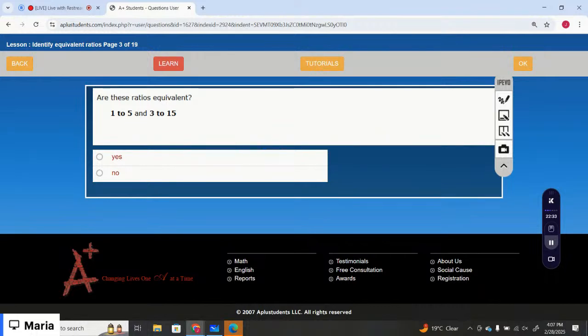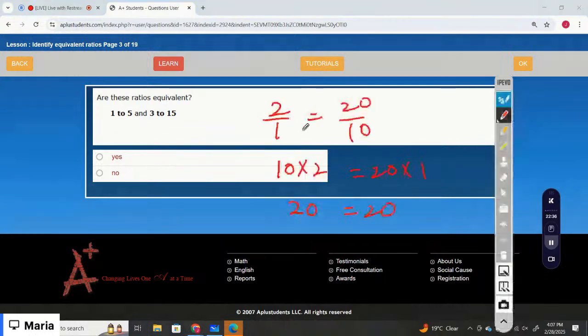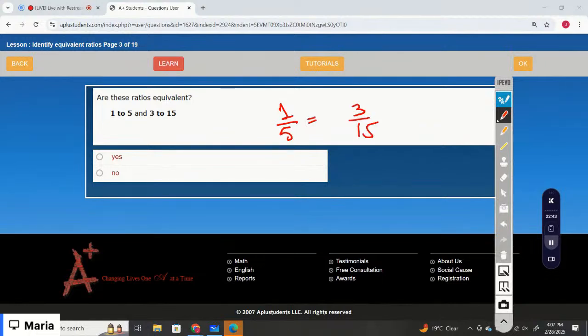Are these ratios equivalent? 1 to 5 and 3 to 15. That is 1 times 15, that equals 3 times 5. 1 times 15 is 15 and 3 times 5 is 15.